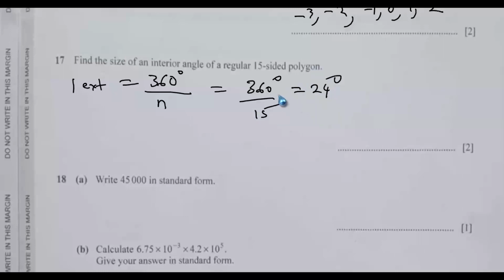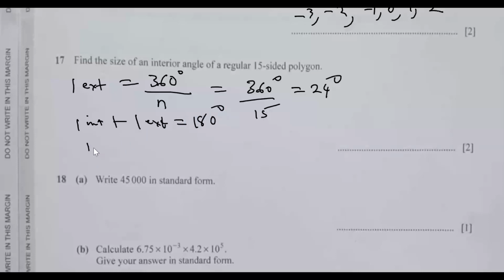24 degrees. But we know that one exterior angle and one interior angle add up to 180 degrees. So that will be one interior angle add one exterior angle, that will be 180 degrees.